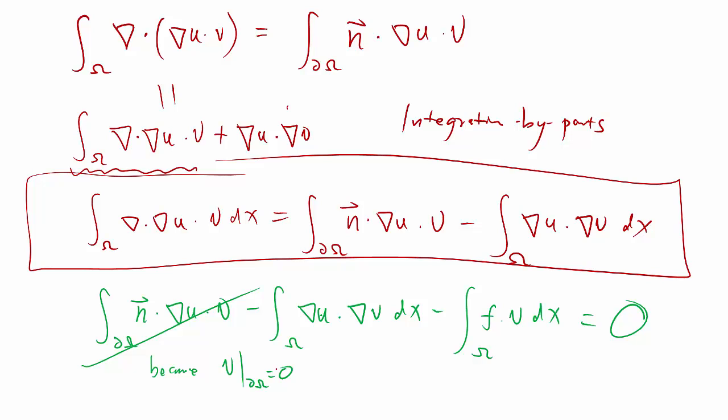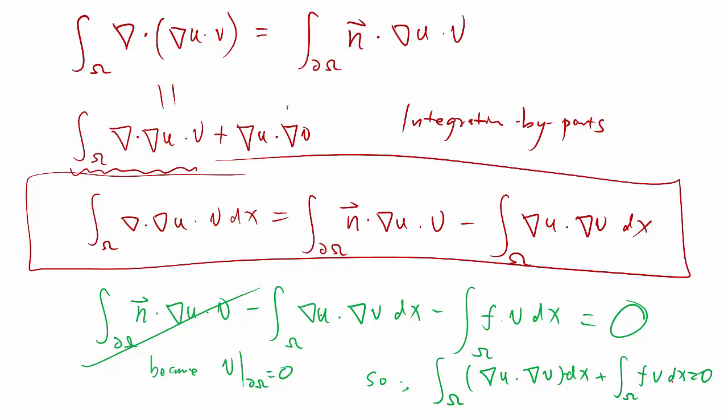All right, any questions? Please raise any questions. If any derivation is not clear, please ask. Any questions? No? Okay. Right, so the first term is gone, so I'm only left with the second part. I'm only left with the part that the integral of grad u dot grad v dx plus f v dx is equal to 0.